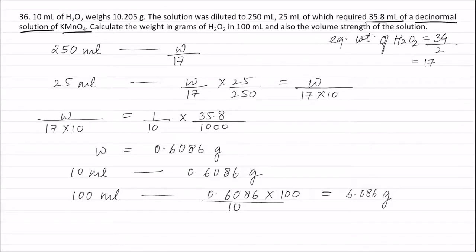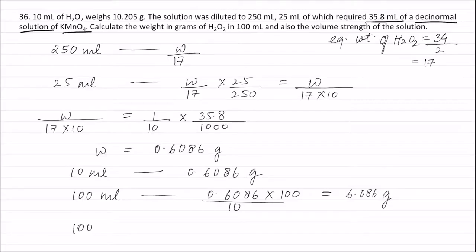Now the volume strength of H2O2 solution is the volume of oxygen produced by 1 volume of H2O2, or the volume of oxygen produced by 1 liter of H2O2 solution. So to find the volume strength of H2O2 solution, first we need to find the number of equivalents of H2O2 present in 1 liter of H2O2.